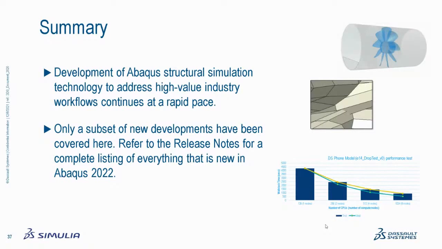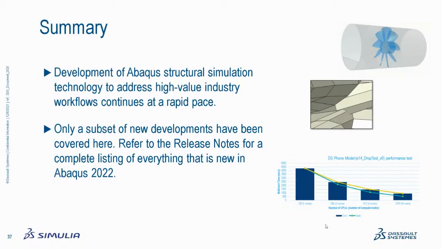Have there been any improvements in the measures in Abaqus CAE? I don't see anything in the release notes. So yes, there are. The focus of this presentation was on the solvers, but if you get the release notes, there should be dozens.